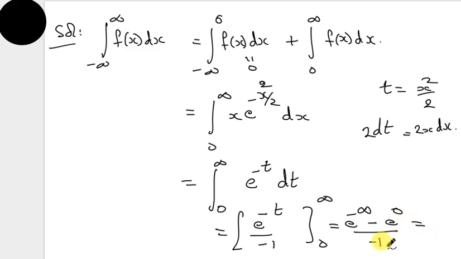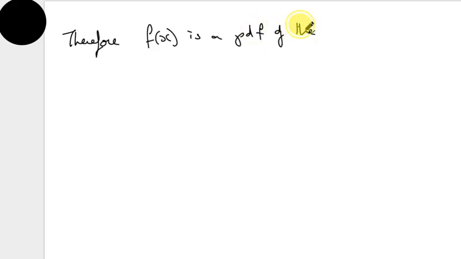So minus 1 by minus 1, the value is 1. Hence, therefore, f of x is a PDF of the continuous random variable x.